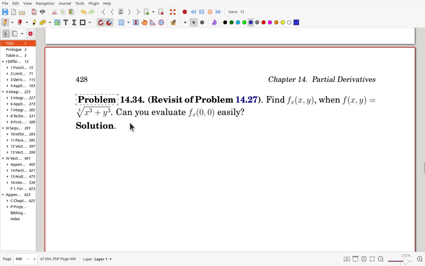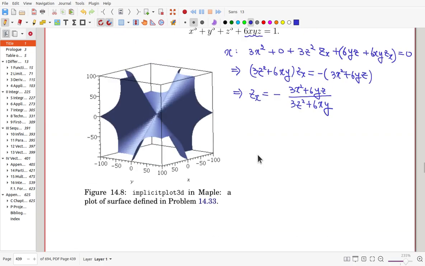Okay, we tried to find f sub x at 0, 0 for this function in the problem earlier, by using the definition. Now, we'll try to find this quantity by using the technique of finding f sub x and f sub y.